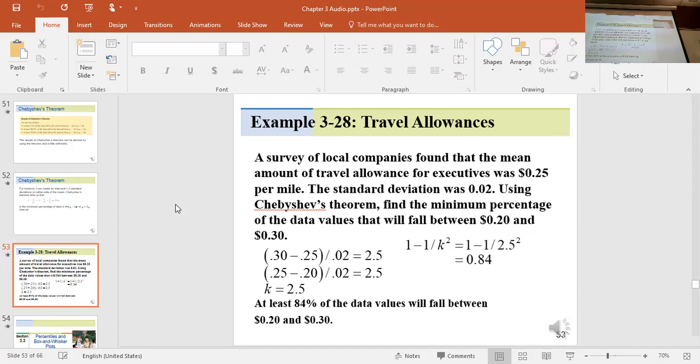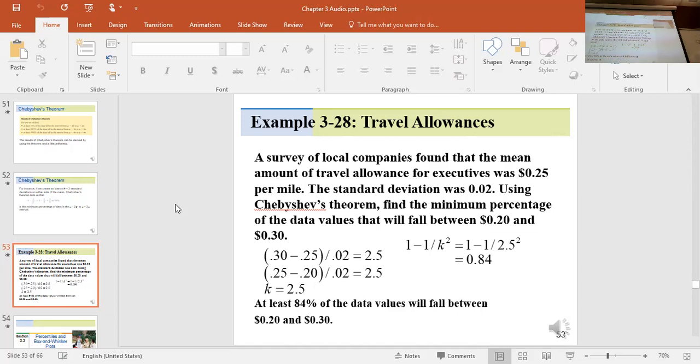So to do that we do 0.25 minus 0.02k is equal to 0.2. So we can say again that 0.25 minus 0.2 is equal to 0.02k. This is 0.05 is equal to 0.02k.